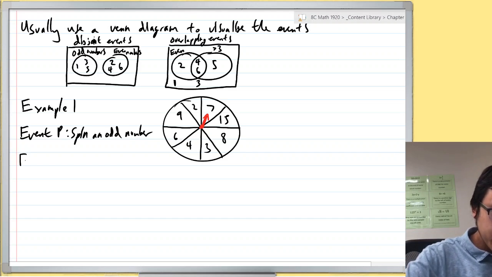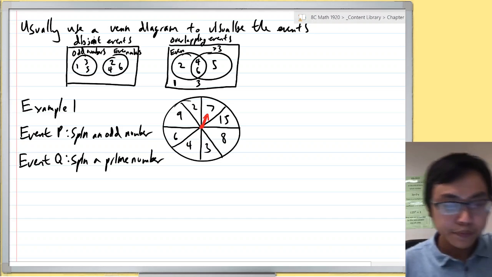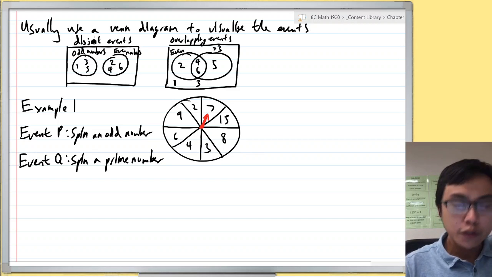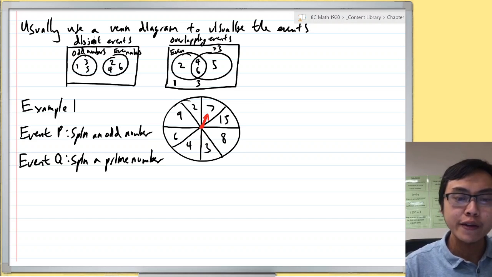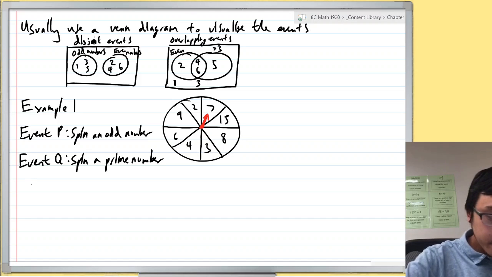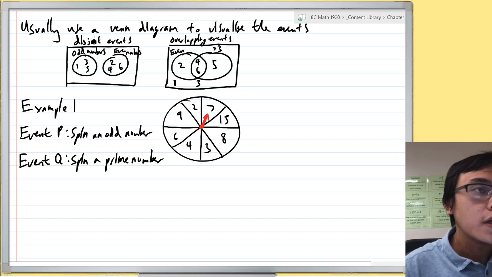And then we have a separate event. Event Q will be spin a prime number. So we have 2 events here. Now, first of all, what I can do is list out the possible outcomes for event P. So example 1, we have event P, we have event Q. What is the question?